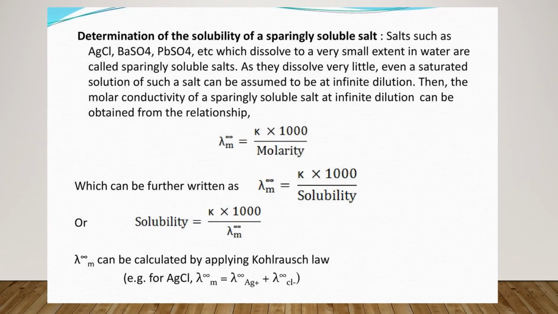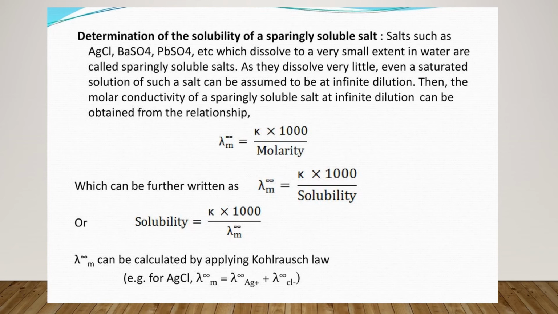The third application is determination of solubility of the sparingly soluble salt. So the solubility of the sparingly soluble salt, we can see that this AgCl, barium sulfate, lead sulfate, all these are sparingly soluble. That means their solubility is very, very less.